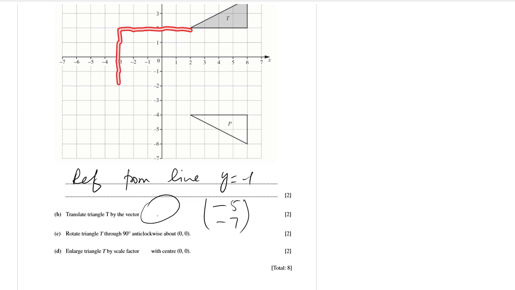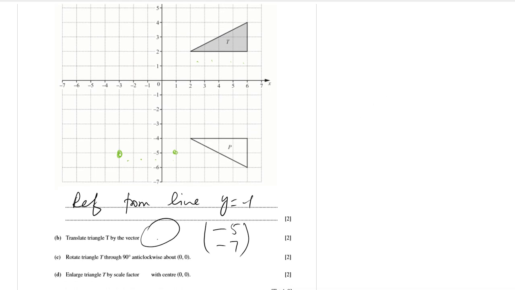One, 2, 3, 4, 5, 6, 7. So my this point is over here. 1, 2, 3, 4. 1, 2, 3, 4. And 1, 2. This would be your translation.